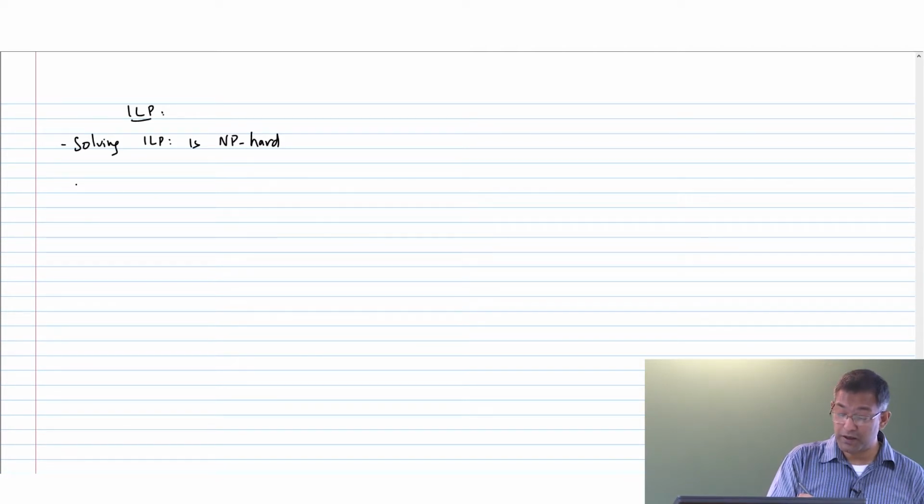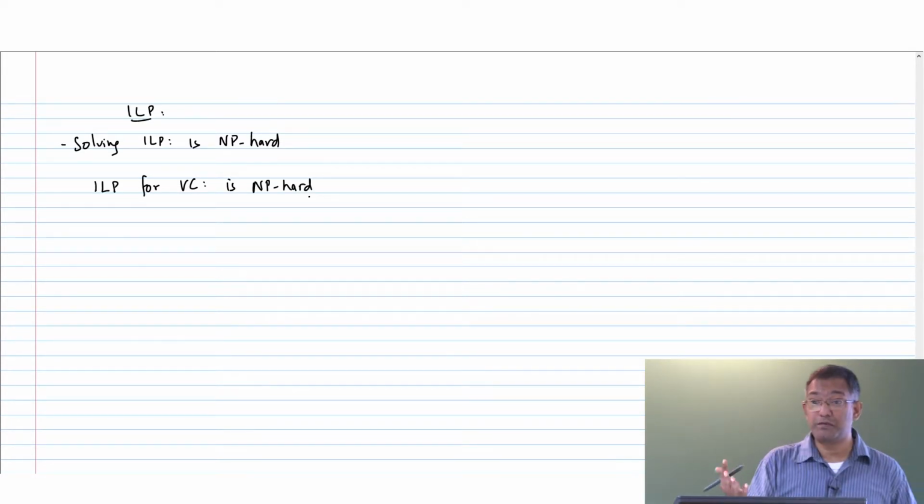The problem, of course, is that ILP is NP hard in general, and even this specific ILP for vertex cover is NP hard.